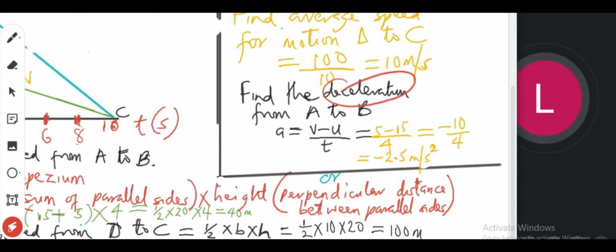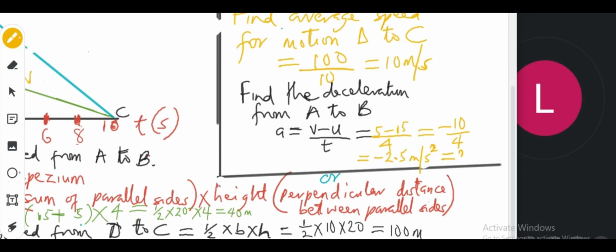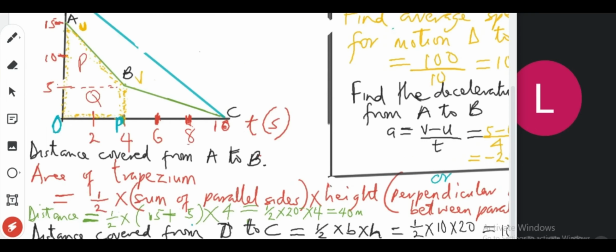Since it is deceleration, we don't need to state the minus. It is simply the positive value, which is 2.5 meters per second squared. Okay, that's that about that. When we're looking for deceleration, we could have found the slope too, change in v over change in time, which is v minus u over t.